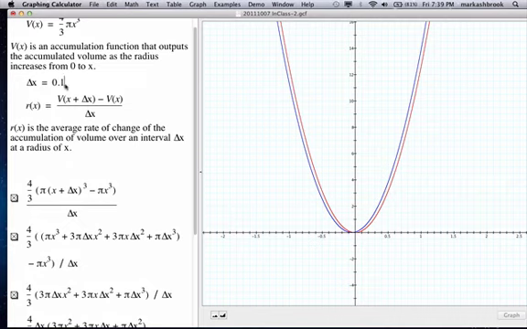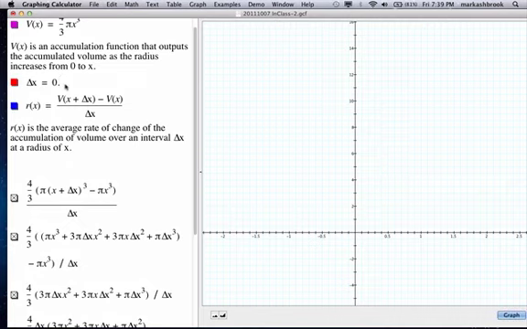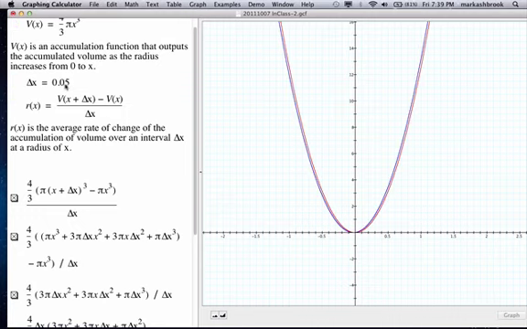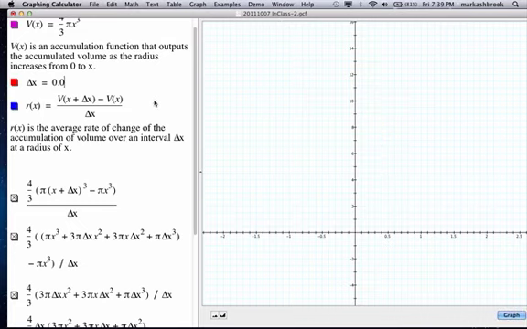So maybe let's try, we'll start by doing half as wide as before, so 0.05. And we see they're still distinguishable. We still see the red graph from the blue graph. But certainly the blue graph is now closer to what the red graph was. So let's try 0.01.